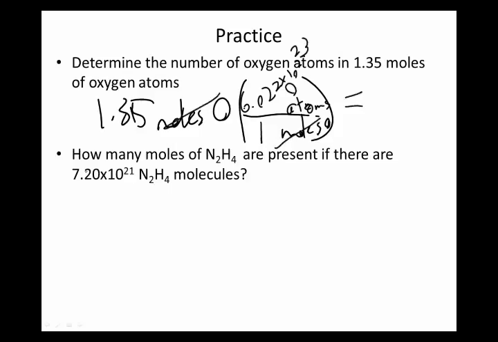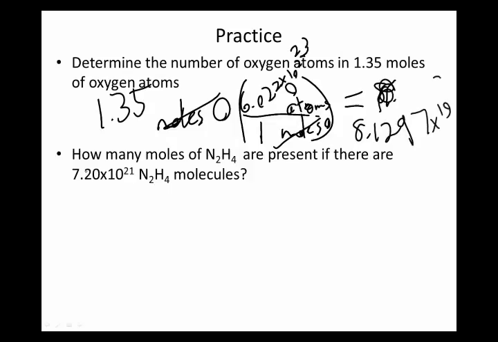And so all I have to do now is multiply: type 1.35 times 6.022 times 10 to the 23rd. And so I get 8.1297 times 10 to the 23rd.